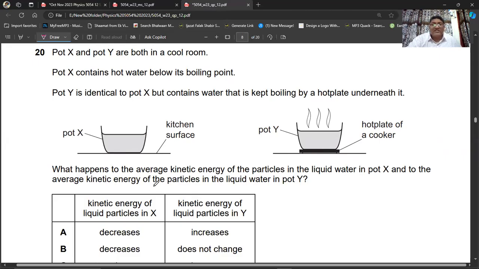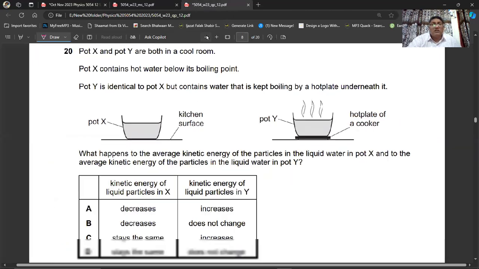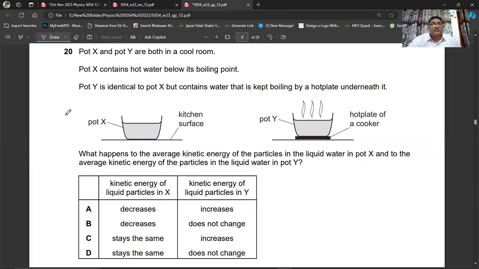What happens to the average kinetic energy of the particles in the liquid water in pot X and to the average kinetic energy of the particles in the liquid water in pot Y? In pot X, it has hot water and it's cooling down, so the average kinetic energy of its particles is decreasing.